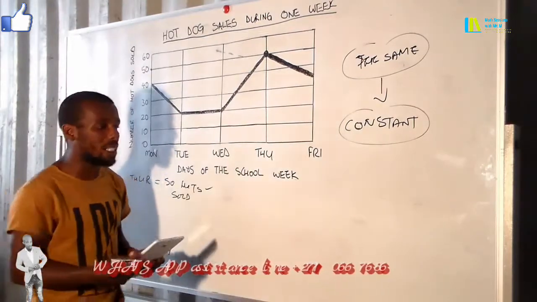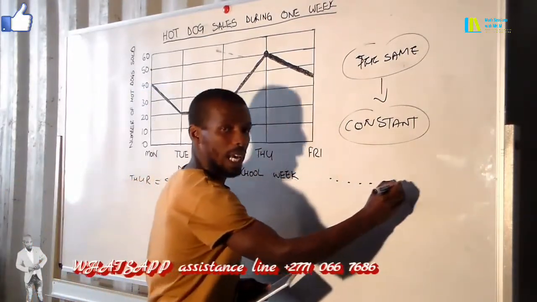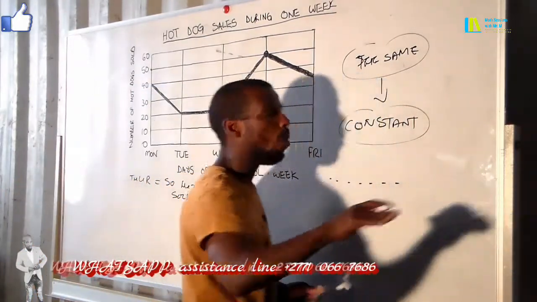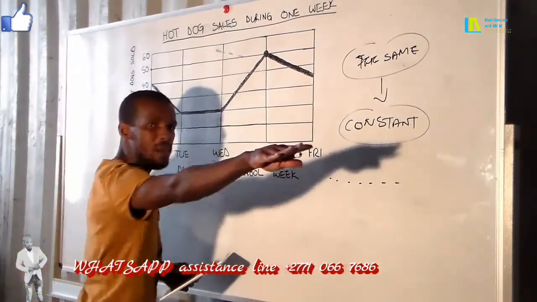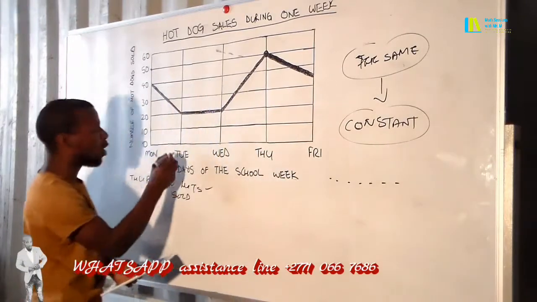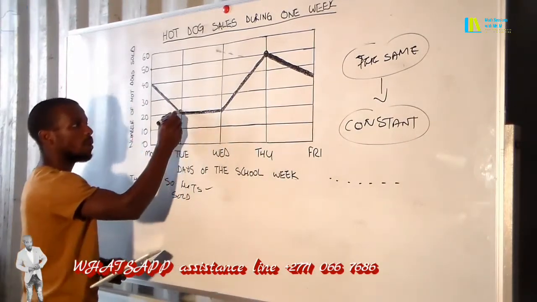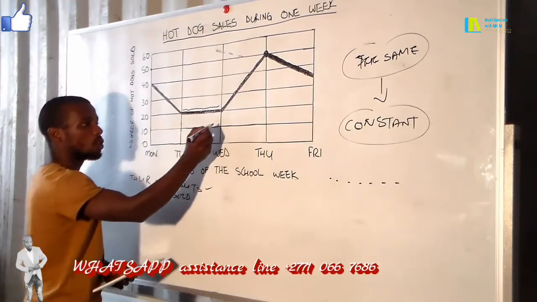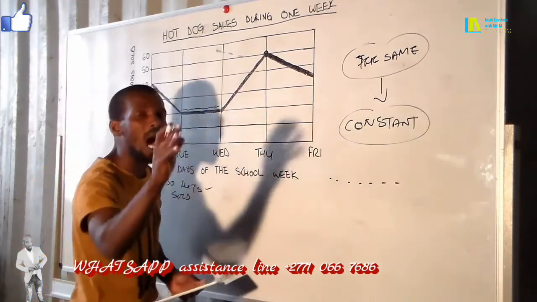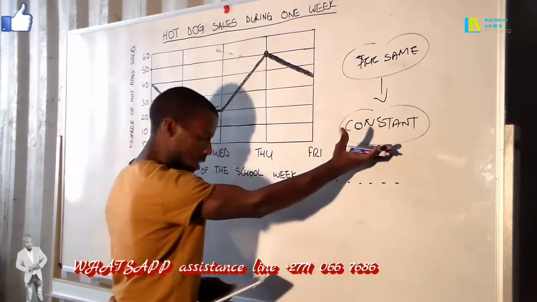So we are looking at what is always recurring. It's the same all over again. So on this line graph, we have a line moving on the same level right from Tuesday to Wednesday, because there is our line. So this line from Tuesday to Wednesday is our same, which is our constant.